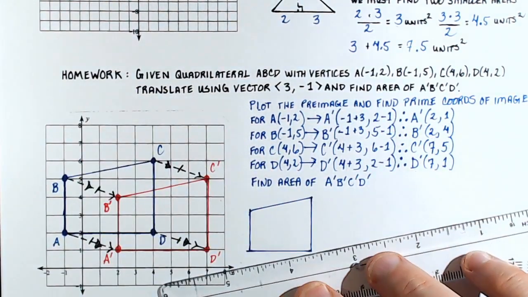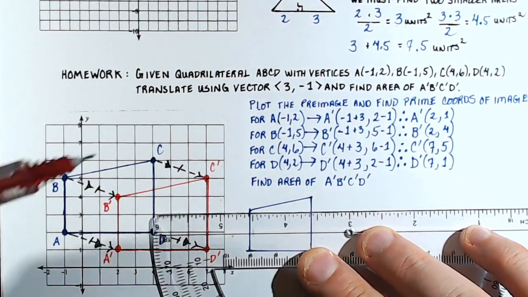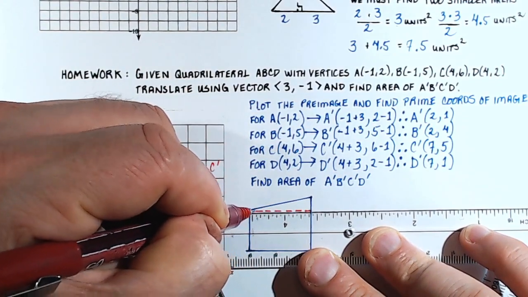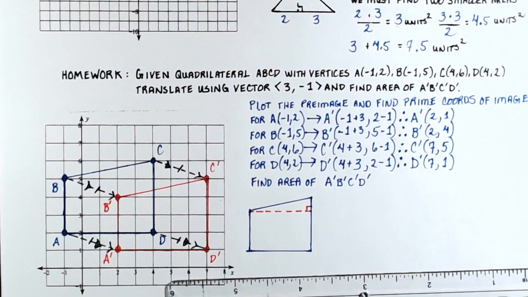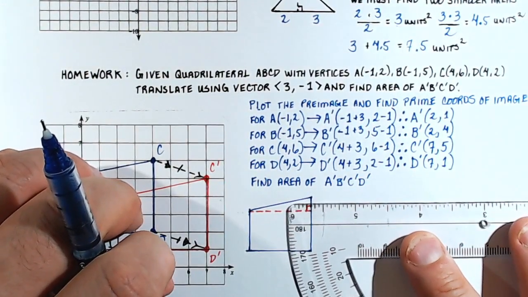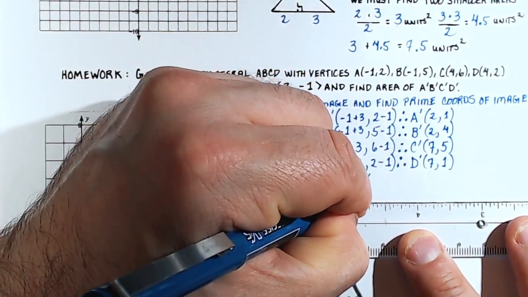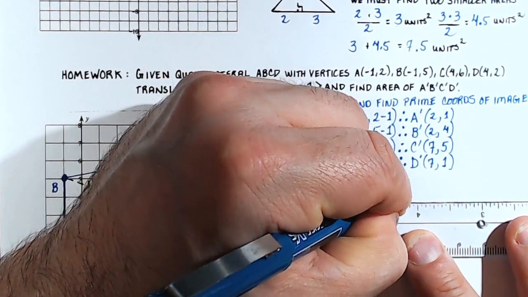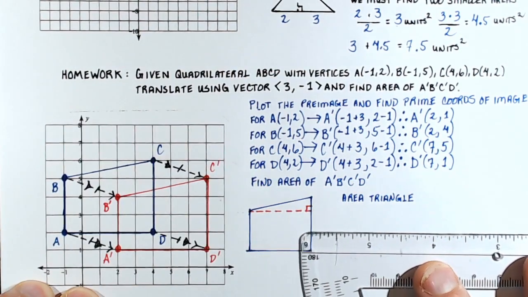And we see here that we've got a chance to put in a dotted line and create a right triangle right here. So now I'm going to find two smaller areas. I'll find the area of the triangle, and I will add it to the area of the rectangle.